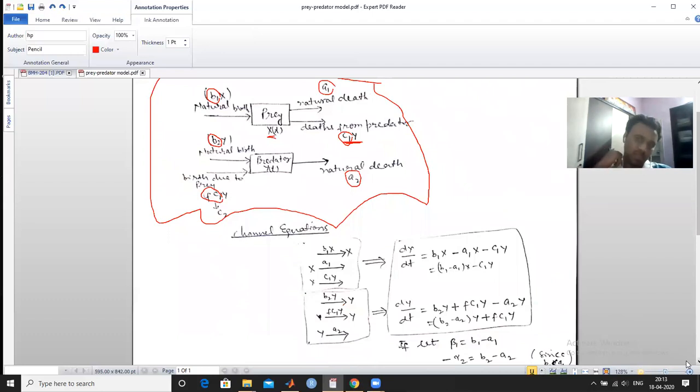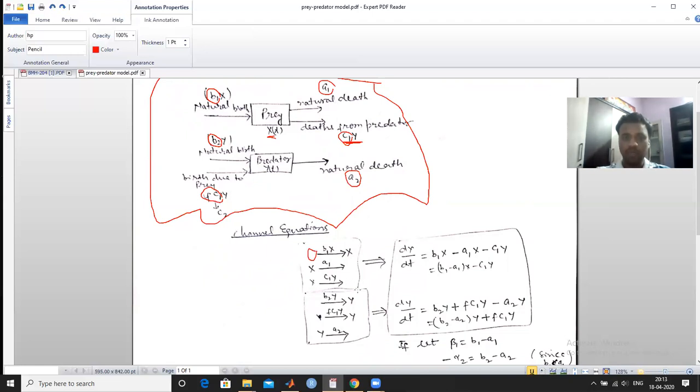The equation is easy to write down. There is simply birth for this, meaning there is no population, no concentration. Then there are two types of death from X: the A1 rate and C1Y.